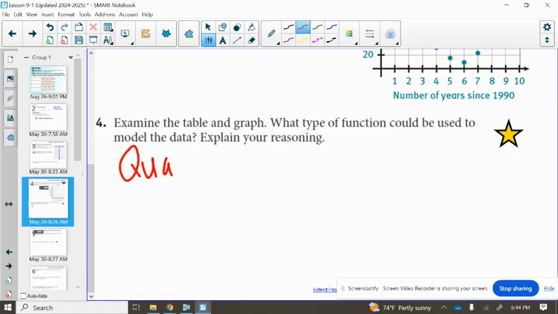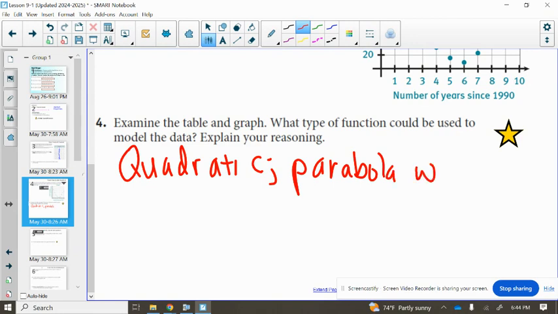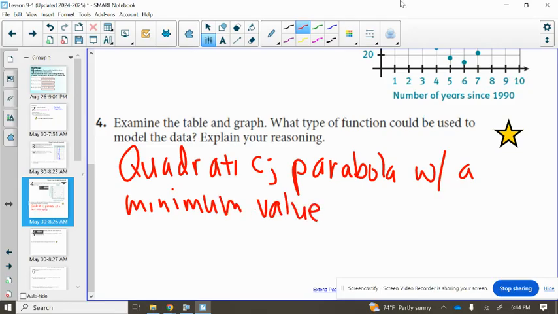And the reason, again, that it looks like it's going to be quadratic is because it is a parabola with a minimum value. And that's basically what's happening to fit this data so far.